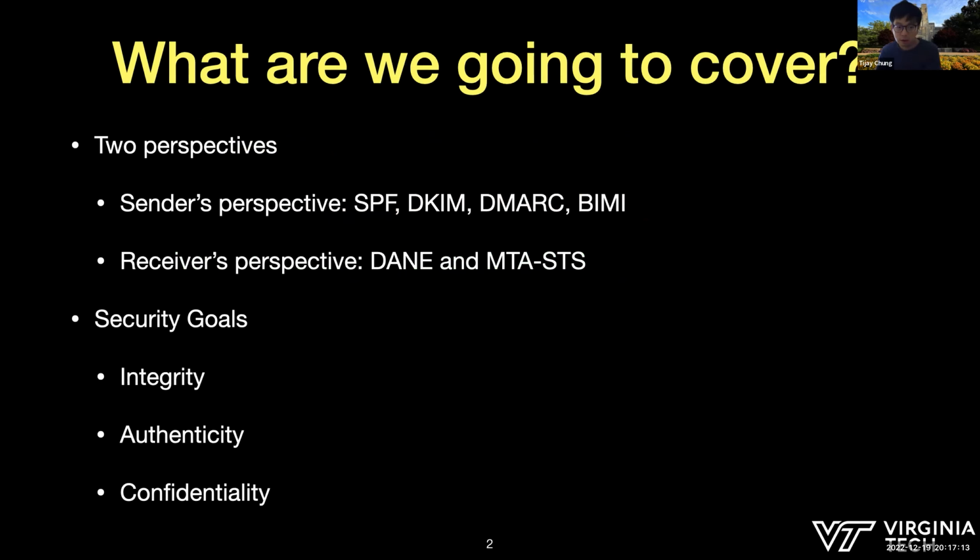There are actually two perspectives when we want to cover email security protocols. The first one is the sender's perspective. As you can guess very easily, one of the major problems of email is sender authentication, because I'm sure you must have received lots of spam emails impersonating a legitimate entity such as Amazon or Google, such as, "Hey, I am Google administrator.